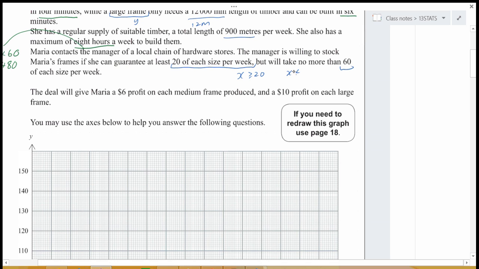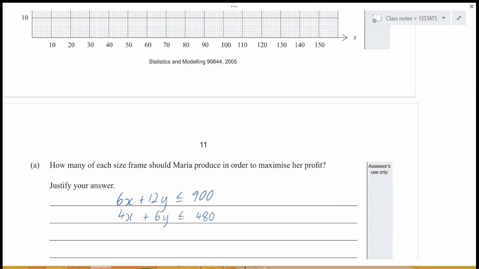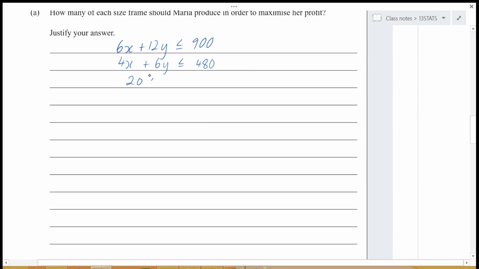So we could write that as one constraint by saying X has to be bigger than 20 but smaller than 60, and same with Y. So I'll write those two constraints down here. X is bigger than 20 but also smaller than 60, and Y is bigger than 20 but also smaller than 60. Now these two constraints here, you can write them as 4 constraints if you want, but you just don't need to, so that's why I've written them like that.